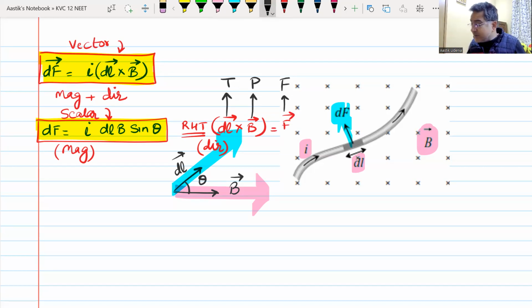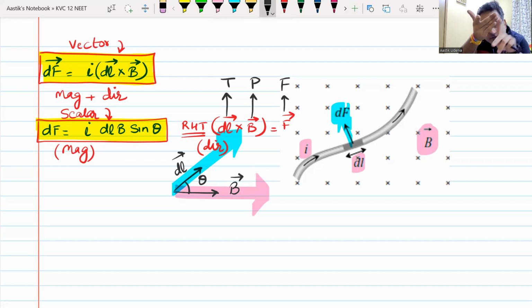Let us apply this on the diagram that we have drawn. My current is moving like this. My magnetic field is inside. This is dl. This is the magnetic field.